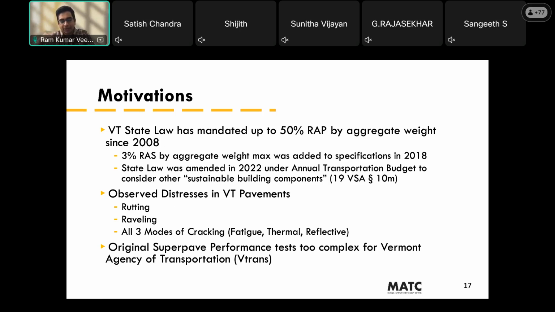And with the original Superpave performance test that they had implemented, they couldn't include this performance test because it was too complex for the Vermont agency in terms of training a technician and understanding how the performance test results would impact the overall performance of the asphalt mixtures. So since the performance testing was too complex, they just stuck with the traditional volumetrics part of the Superpave performance testing.